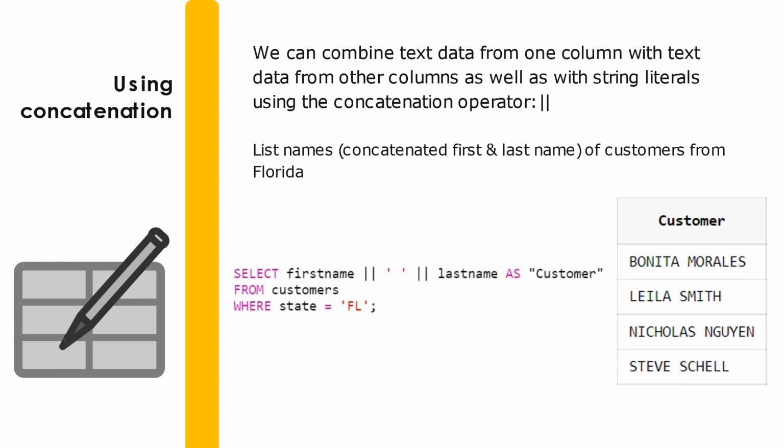So we have the select statement, first name, the concatenation operator, the following for the space, the concatenation operator again, and then the last name. And then our condition, the state should be in Florida. We can see the output from the right.